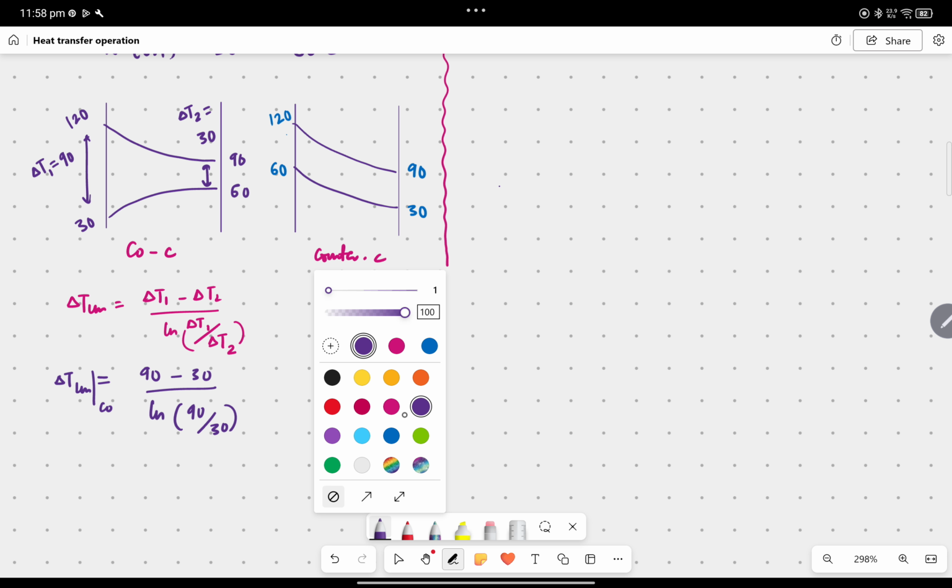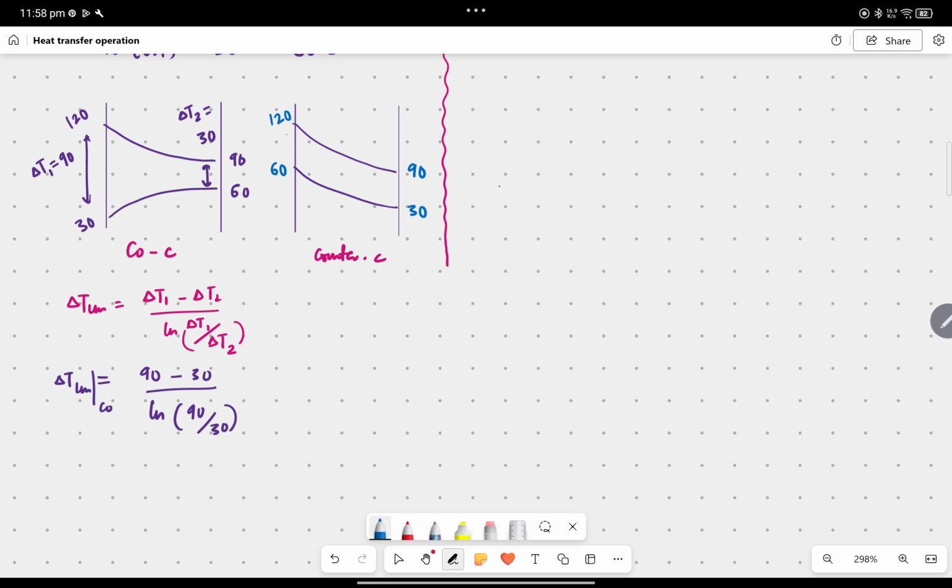Similarly, we do it for counter current. For counter current, delta T1 is 60, and delta T2 is also 60.